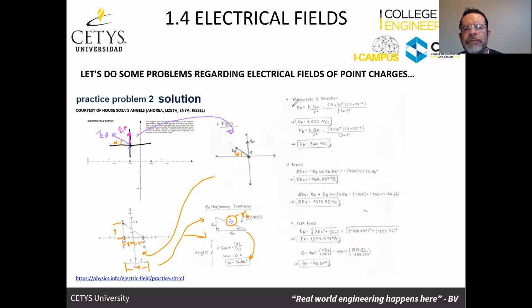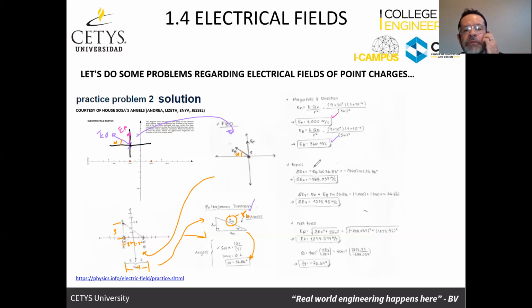And so now we find each of the electrical field magnitudes. For EA, we're going to use 3 meters. We get, I think that's 1,000 newtons per coulomb. For EB, we use the 5 meters, which was calculated here. We get a much lower electrical field, and that has to do with the distance.